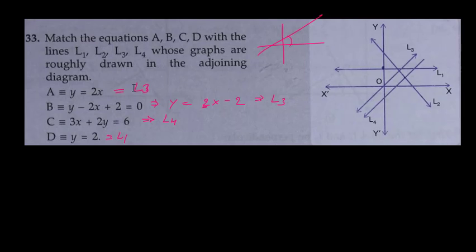Here if you put x on the right hand side, you will get minus 3. A negative slope indicates that your angle is more than 90 degrees. So this is line L2 with negative slope. L4 done, L3 done, L1 done, L2 done.